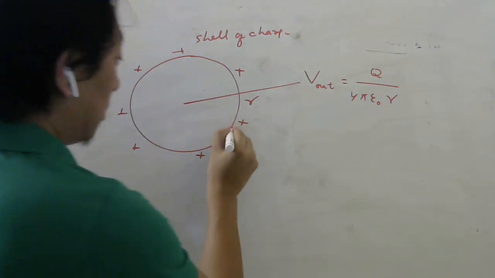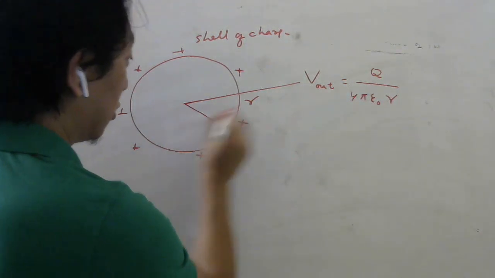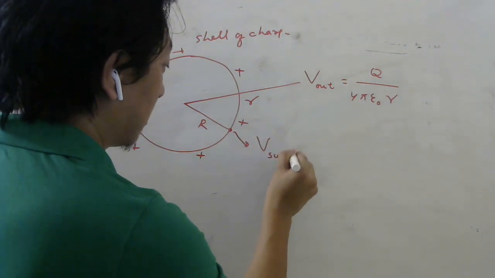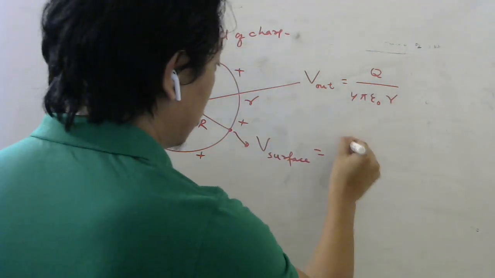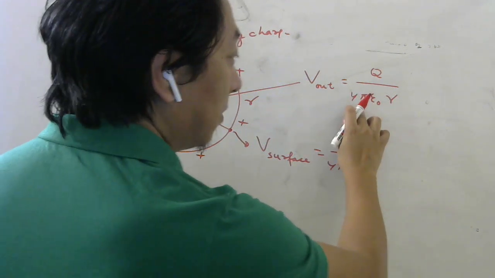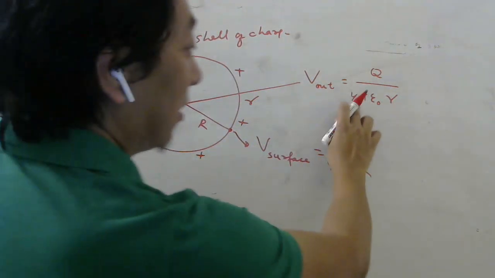If I ask on the surface, your small r will become capital R. So on the surface, if I ask, potential will be q by 4 pi epsilon naught capital R. This, if you remember, is same as point charge formula.